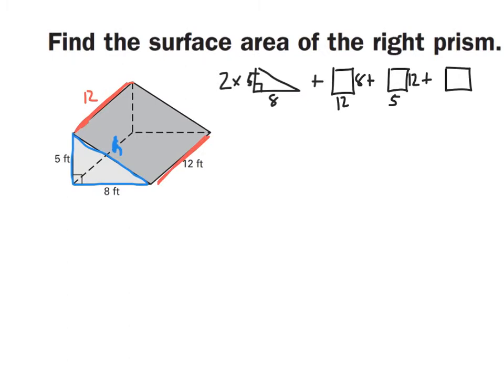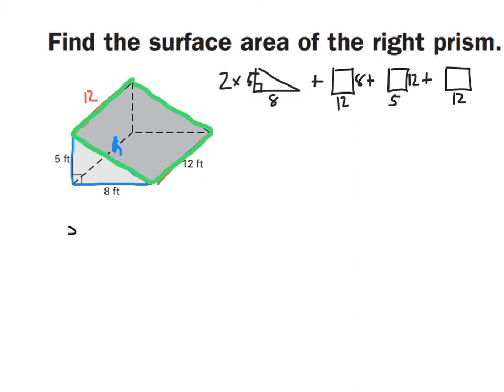Okay? And so now we want to find that third rectangle, which is that slanted one. All right, so if I'm looking for this rectangle, I see that one of its sides is 12, so its base is 12. What's its height? We don't know that, so we have to find it using the Pythagorean theorem.